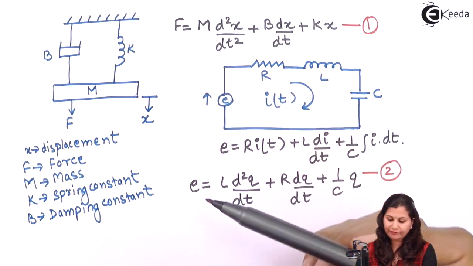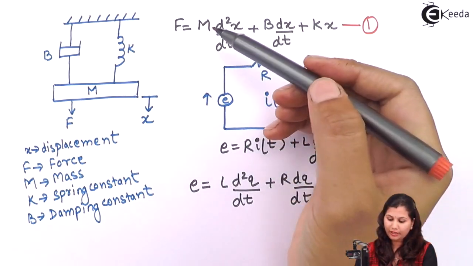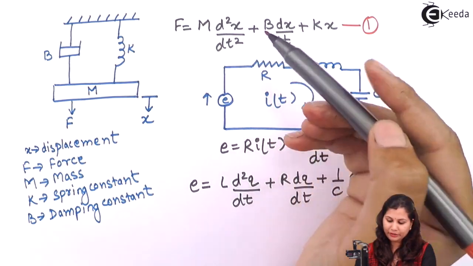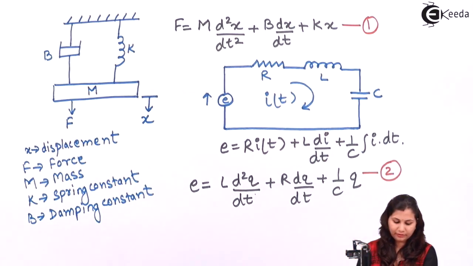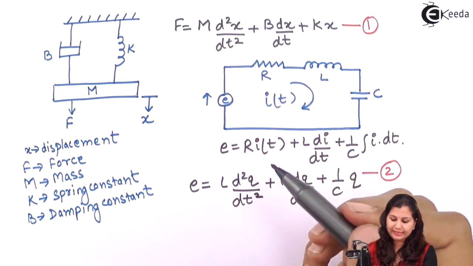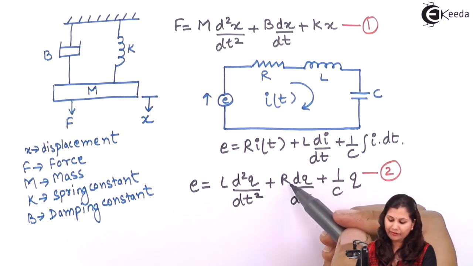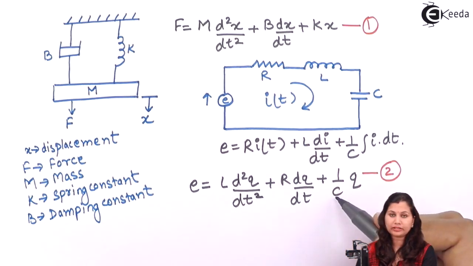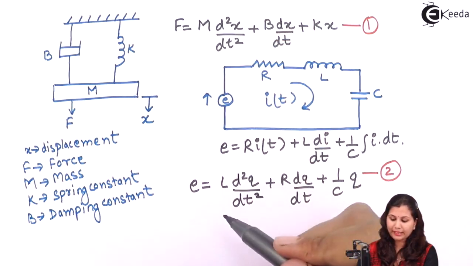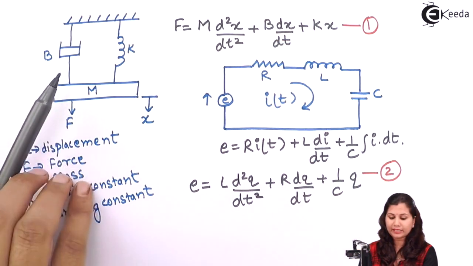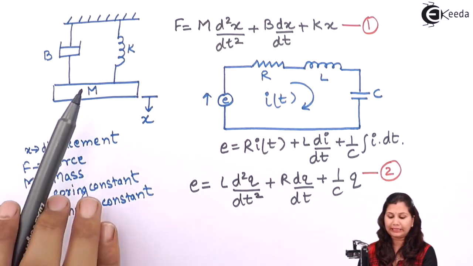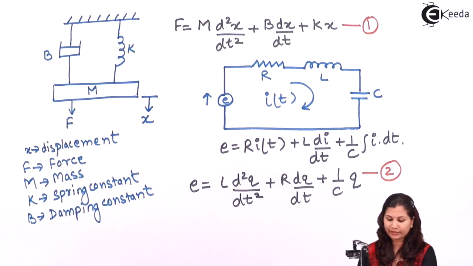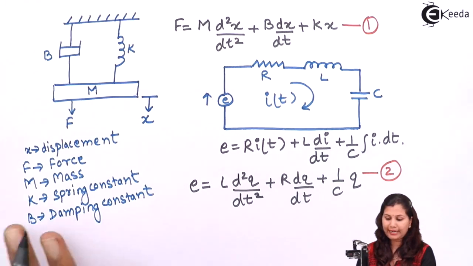You can see that F is equal to the voltage. Now here M d2x by dt square, so we are having here d2q by dt square, so we will replace M by L. Here we are having R and B as equal, and here we can replace K with 1 by C. So just by replacing these variables, we will get the electrical analogous system for this mechanical system, and in this way we can find out the analogous systems.